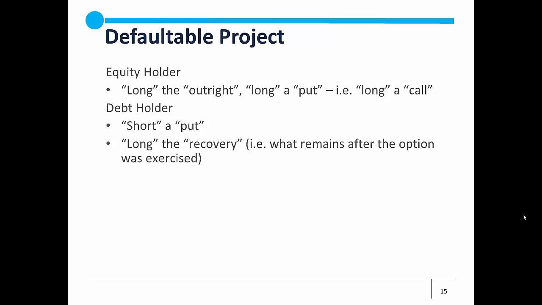It is the same put that the equity holder is long, the debt holder is short. However, the debt holder is long the recovery, in other words, what remains after the option was exercised. Once the equity holder decides to exercise their option, the debt holder becomes promoted to, say, equity, if it was a mezzanine debt holder.